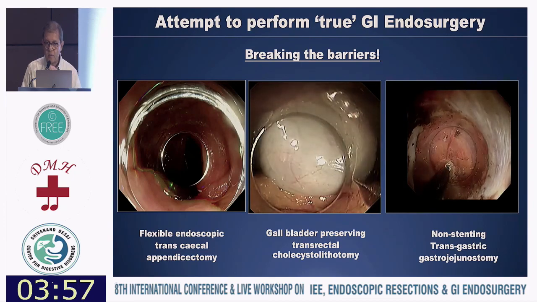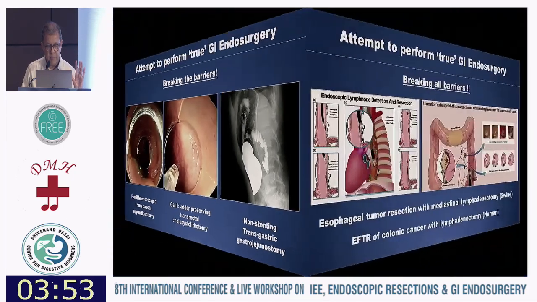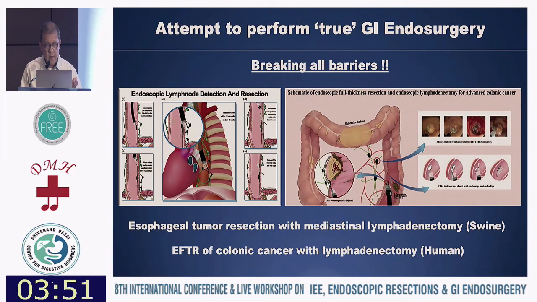But I personally feel that this is taking things a little bit too far. Because you see here, the same endoscopist from China also attempted esophageal tumor resection with mediastinal lymphadenectomy in a pig and an EFTR of a colonic tumor with mesorectal lymphadenectomy.